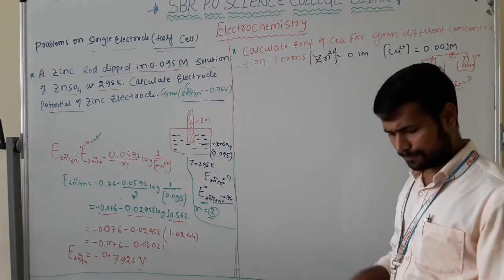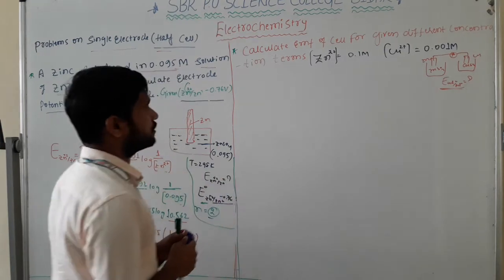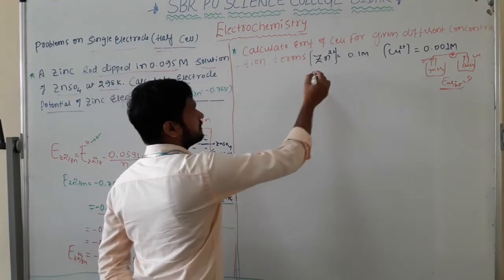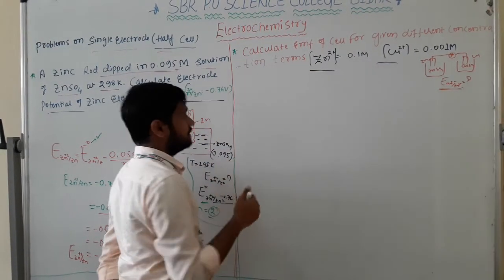Let's see how we represent the Nernst equation for this. These have two electrodes, copper and zinc.